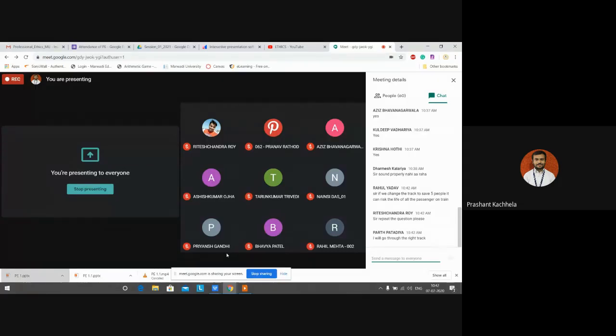But on the other track, you notice that only one person is there. Your train is scheduled to go on the particular track on which five people are there. So what will you do? Will you kill five people, or will you change the track and kill the one person?